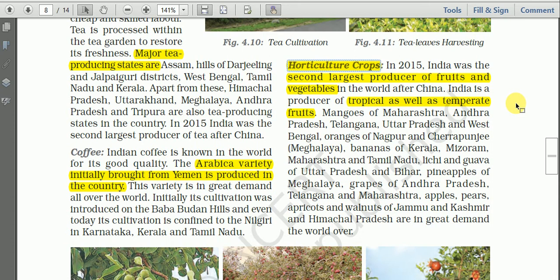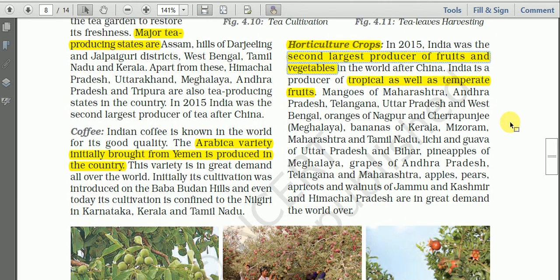That is called horticulture. And India was the second largest producer of fruits and vegetables in the world after China in the year 2015. And India grows both tropical as well as temperate fruits.